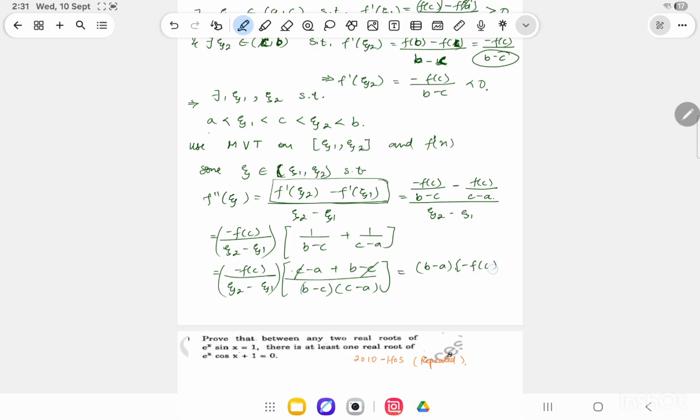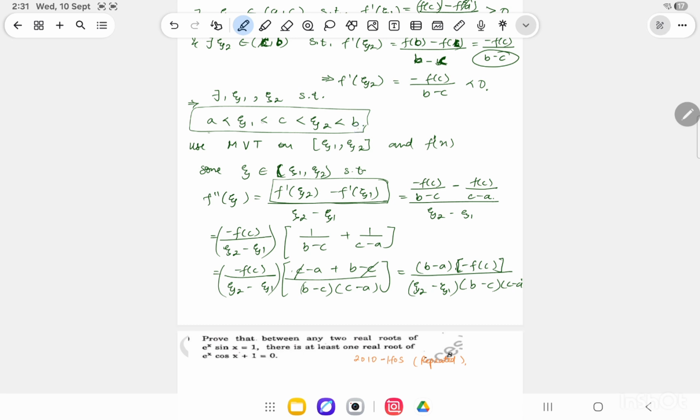So this is minus f(c) divided by (ξ2 minus ξ1) into (b minus c) into (c minus a), times (b minus a). Using this you can see that ξ2 minus ξ1 is greater than 0 because ξ1 is less than ξ2.